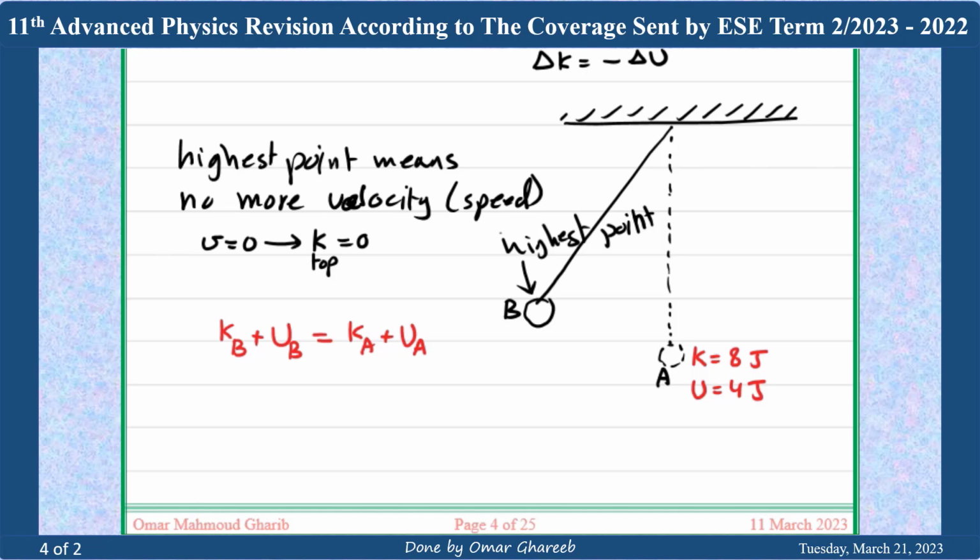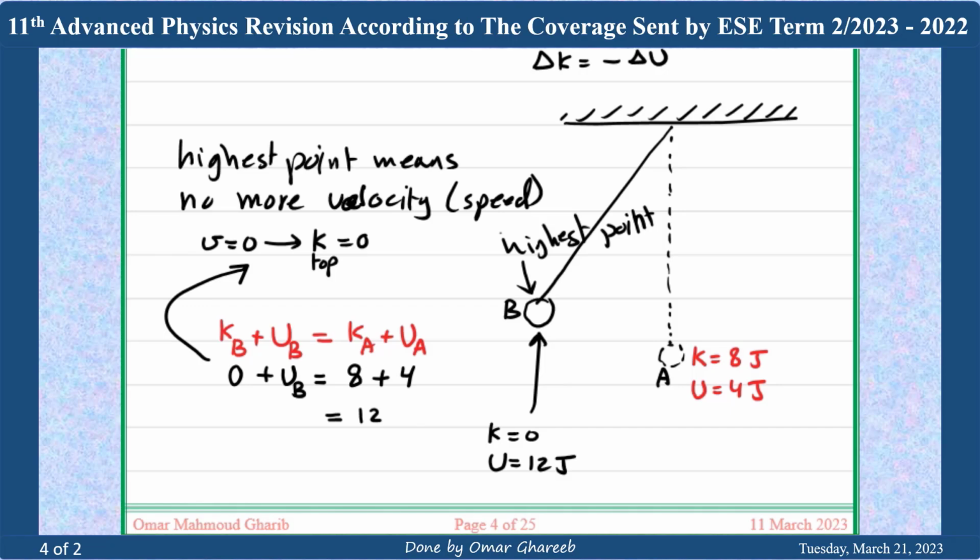Kinetic energy at B, the highest point, is 0, as we mentioned here, plus the potential energy at B, which is needed. The kinetic energy at A is 8 plus the potential energy at A is 4. 8 plus 4 is 12. So at B, kinetic energy is 0 and potential energy is 12 joules.